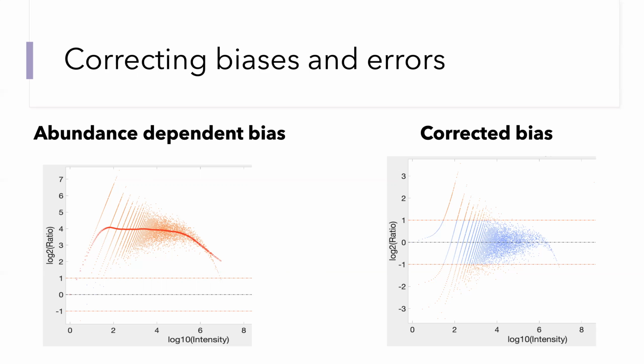And in such a case, we don't expect to have the dependence, and we can subtract it from the data. We can first estimate the dependence, for example, by fitting a lowess to the data, and then subtracting the value of the lowess from each corresponding data point, we can obtain the corrected data shown on the right, where the data have been centered around 0 and do not show such a strong bias.